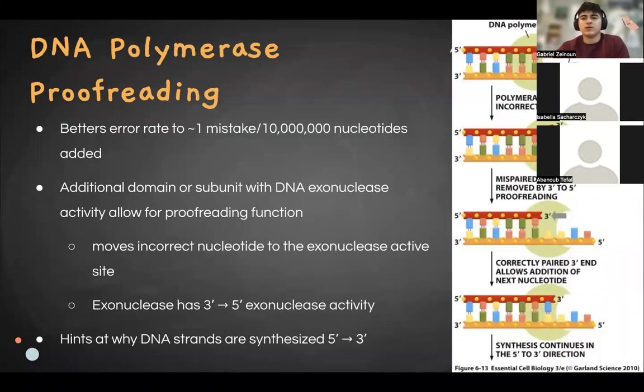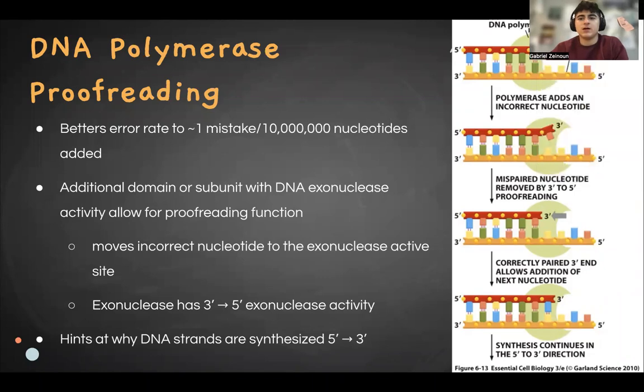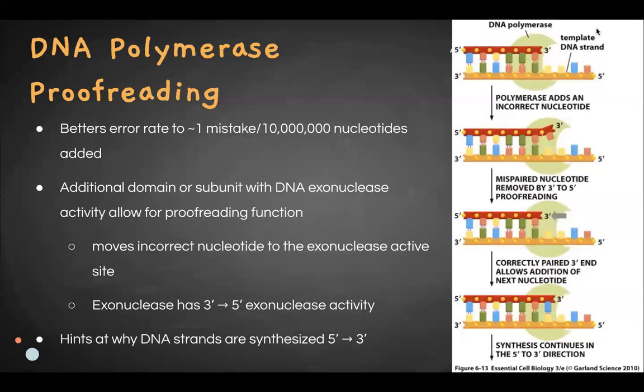DNA polymerase is not perfect, obviously, but it's pretty good in terms of how few errors occur. It's about one mistake in every 10 million nucleotides added. There's an additional subunit with exonuclease activity that allows for the proofreading function.